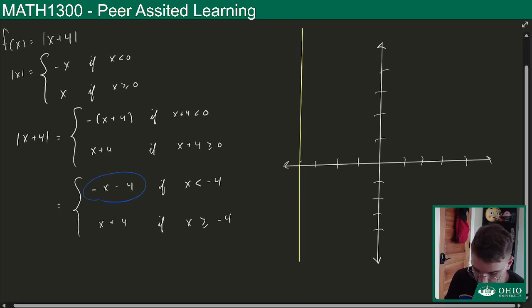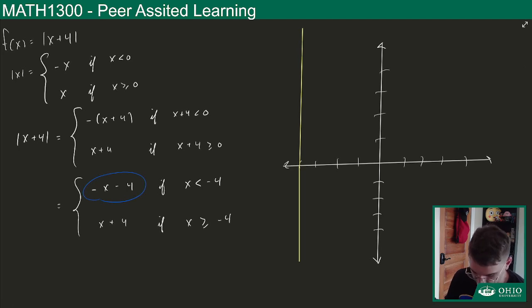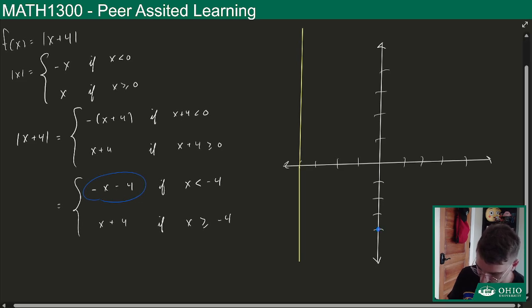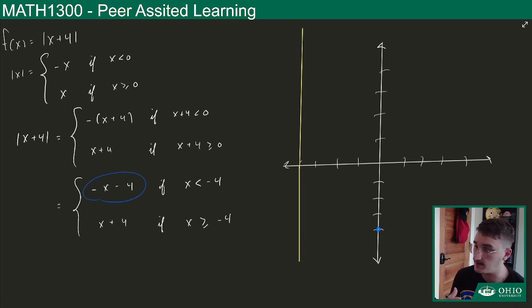So I have negative x minus 4. So I know that the y-intercept is occurring at negative 4. So we'll draw that in here. And then if we think back to the last worksheet, which was linear functions, we're looking at rise over run, and we have a negative x, and so I'm going to have a negative rise over a negative run, but it's just going to be a perfectly straight slope of 1 going downward.